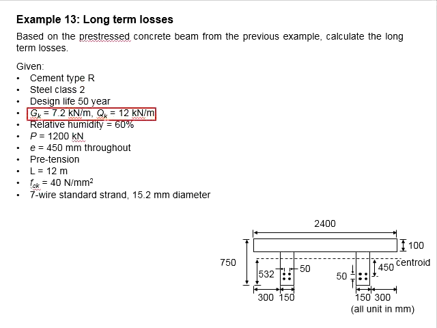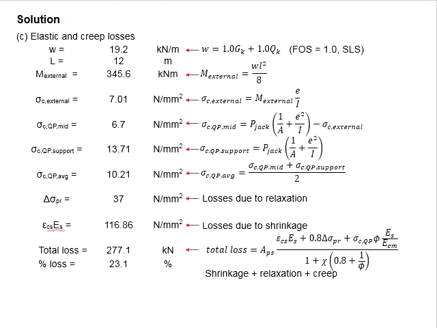Based on the Gk and Qk given, you know that the UDL is 19.2 kN per meter. The beam span is 12 meters. You can compute the M external from wL squared over 8 for a simply supported member. Then you get your M external. Your sigma c external will be determined from the equation here, which equals 7.01.